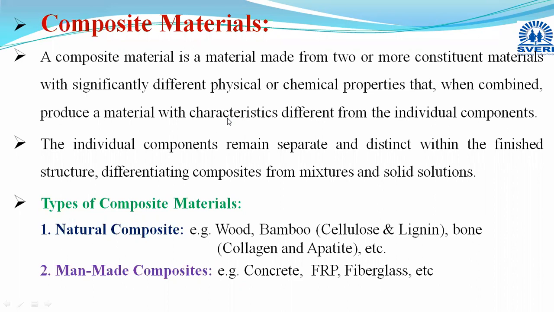Now, why are we going for composite materials? We have separate elements, but in modern living we demand some special characteristics, or we want a combination of properties. Let me give you one practical example: vehicle tires.